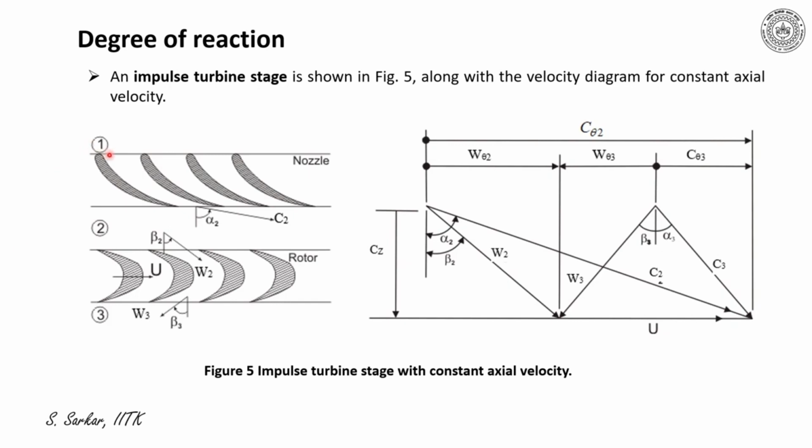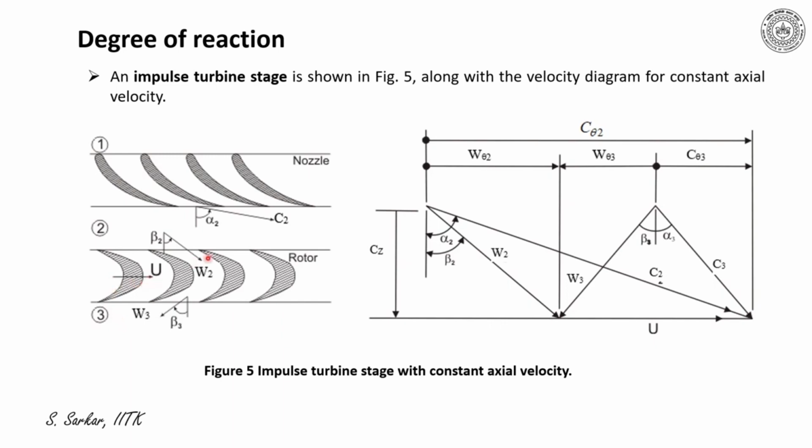As per the definition, the entire pressure will drop in the nozzle and it would create a jet of high speed, indicated by C2 here. C2 makes an angle alpha 2 with the z-axis. Now, the relative velocity W2 will enter the blade at an angle beta 2 and it will leave the blade at an angle beta 3, where the magnitude I have indicated as W3, and U is the blade speed.